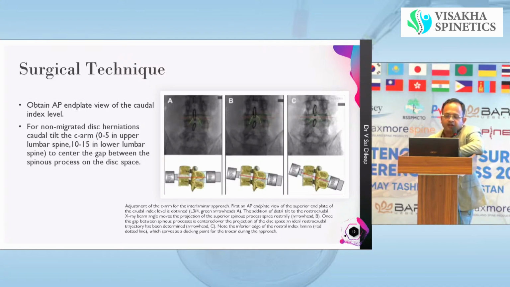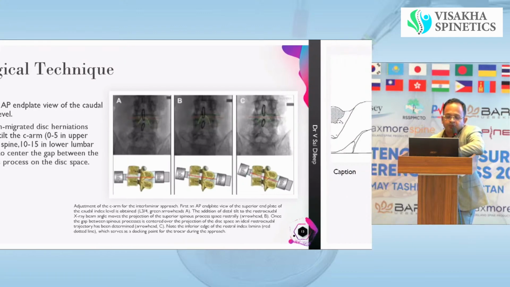The spinous process doesn't come in the middle of the laminar window. So just a caudal tilt of 10 to 15 degrees will decrease your bone resection and your flavum resection. You don't tend to see the spinous process in the middle, which is not really there, but because of the image intensifier, it looks like that. These are all small surgical tips to increase the speed of your surgery.